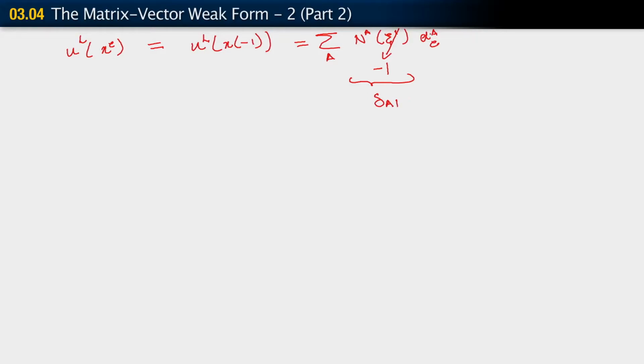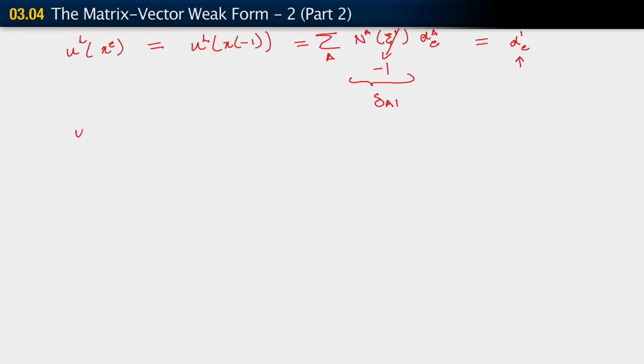And therefore applied to d_A^e, this becomes simply d_1^e. Essentially what we've done here is to observe that if we want to evaluate the trial solution at the left node, effectively the first node of this element, what we get is that the trial solution is indeed equal to the degree of freedom corresponding to that node.